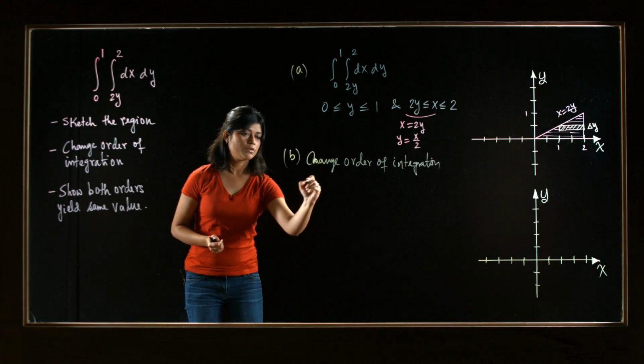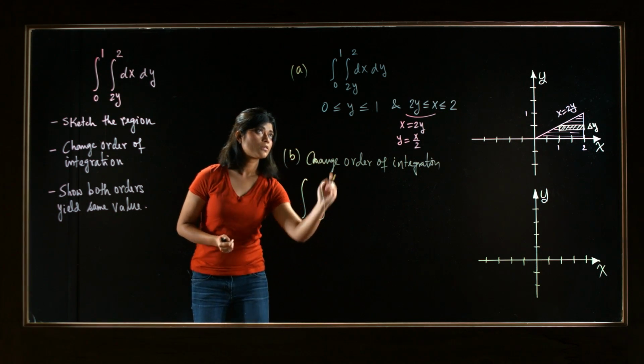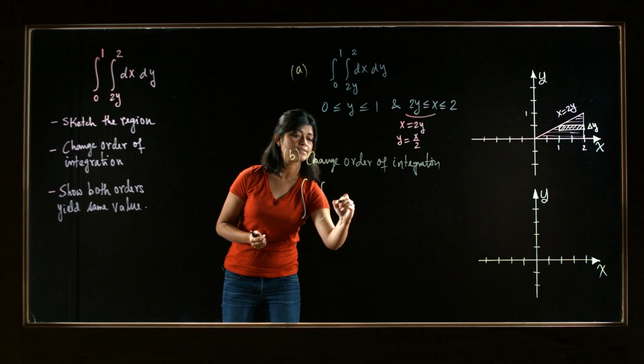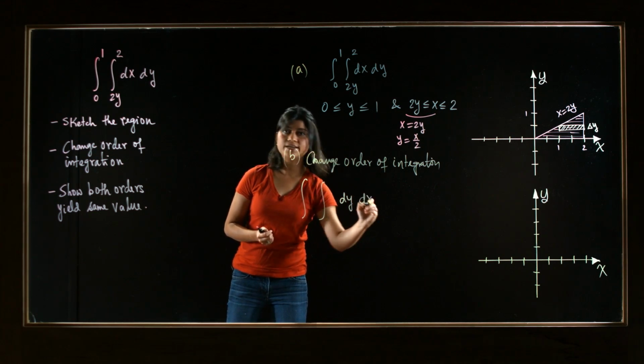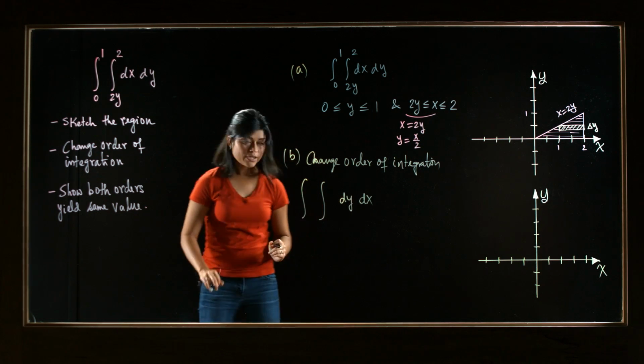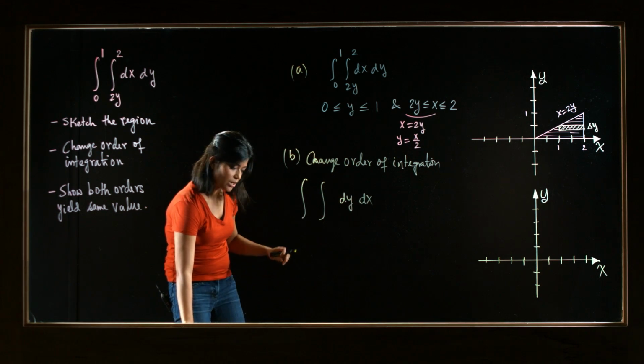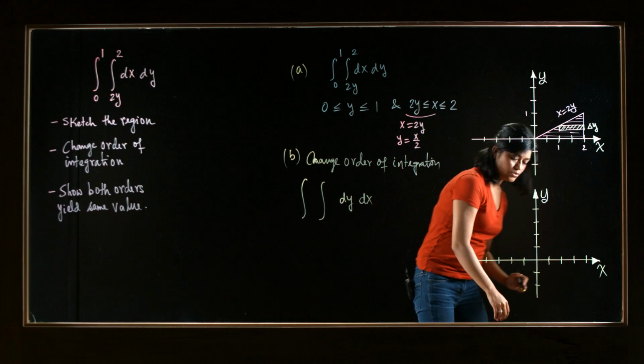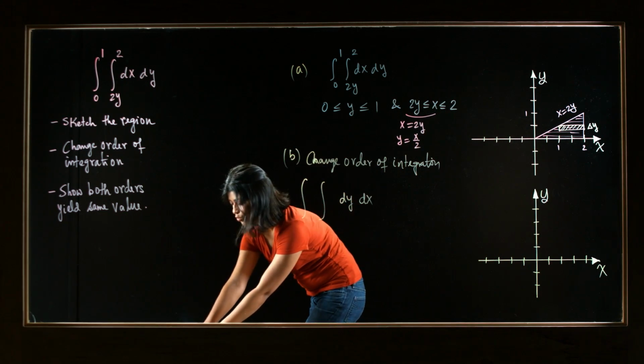To change the order, we need to write it as dy and then dx. So x is our outer variable. Since we already know what our region will look like, we can just draw the region one more time.